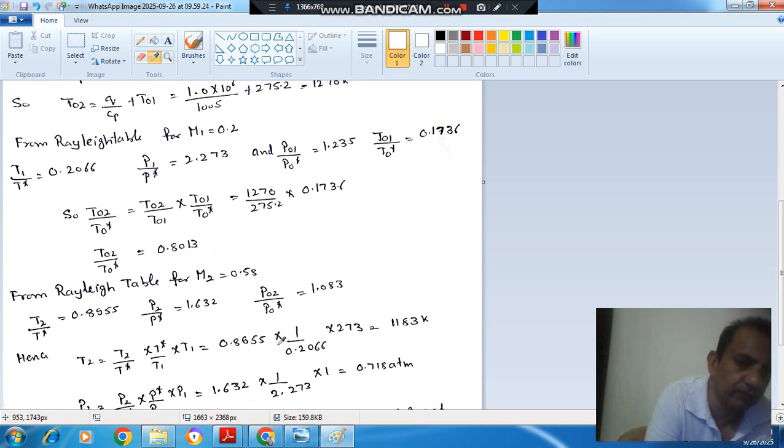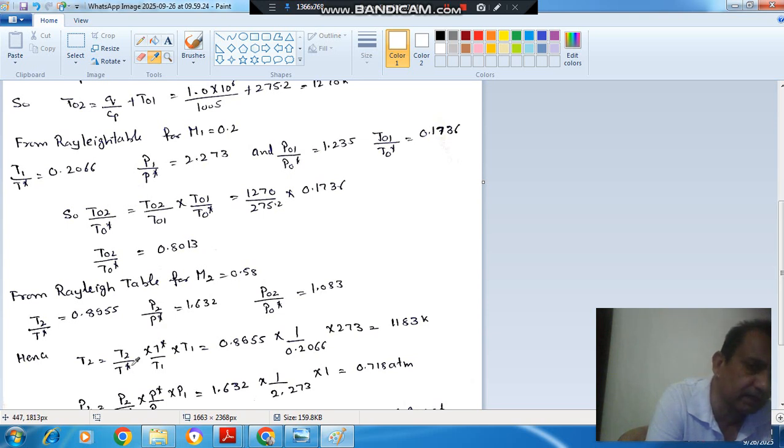So from this we can find out T2. Here one thing has to be noted, that we do not need the value of T star, because it will cancel out when we compare Mach number 0.2 and 0.58. Just we need the ratio, and we need T1.